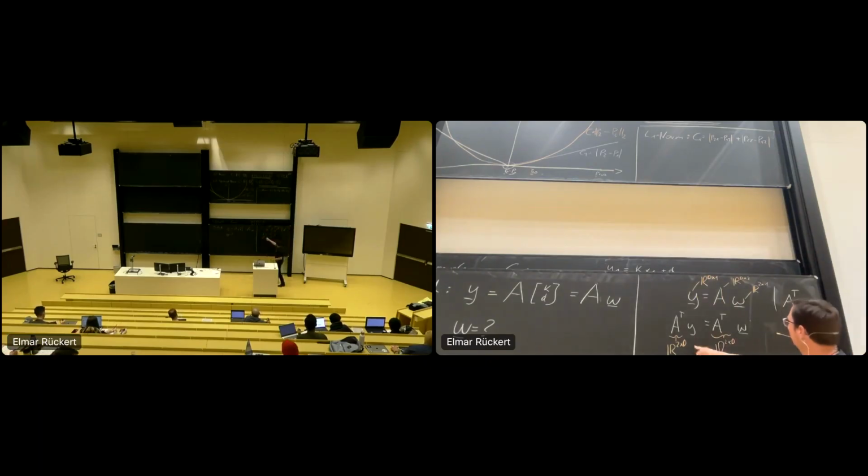So this works out. Here I forgot something. That's the reason why it's not working out. What is missing? I missed an A. You see? And by checking the dimensions, we found out, well, I made a mistake. And immediately we find out, okay, now this is the product of D times 2. So we have A transpose times A, which is in the end of the dimension 2 times 2.